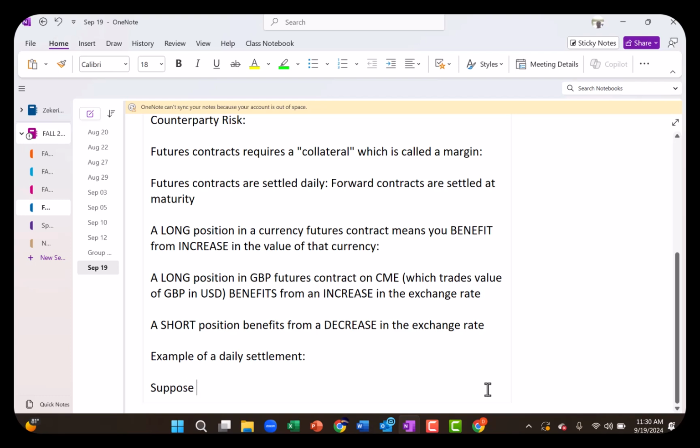Suppose you established 10 contracts, long or short position in bond futures.